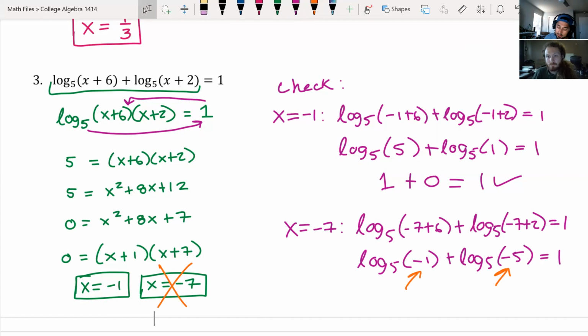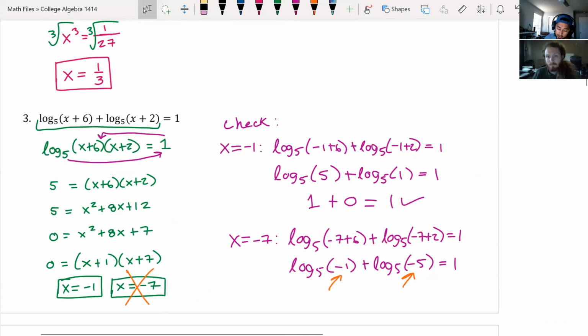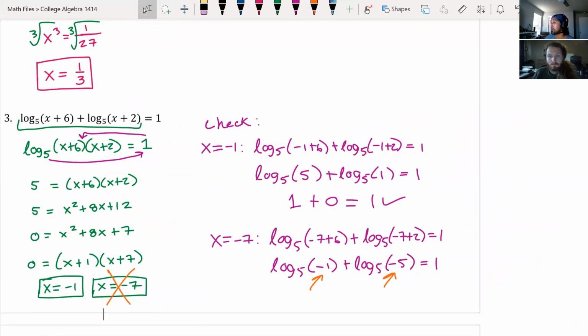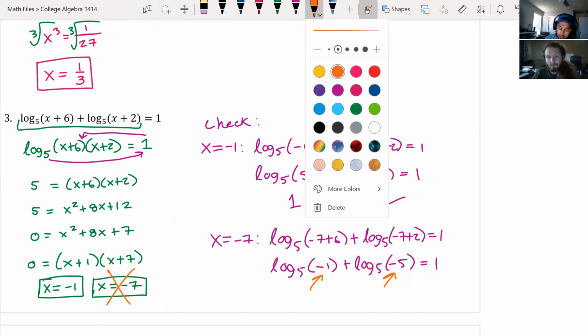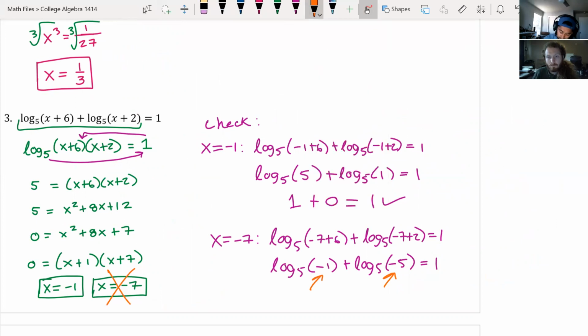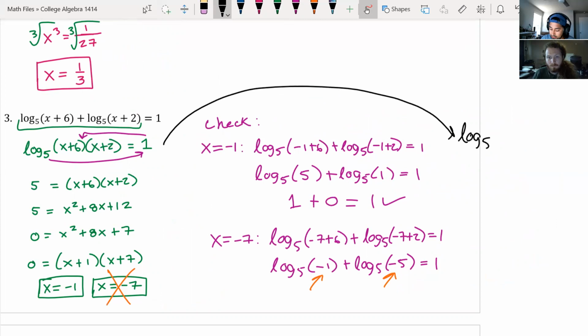Okay. Now to dig in on what Carl's saying, we have another option to solve this. So what he did is after you combined logs on the left side, let's see, option 2. You start with log base 5 of (x plus 6) times (x plus 2).